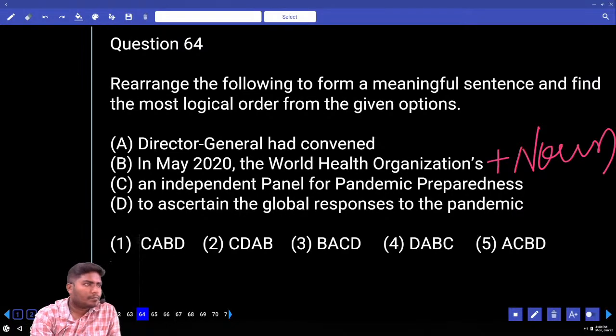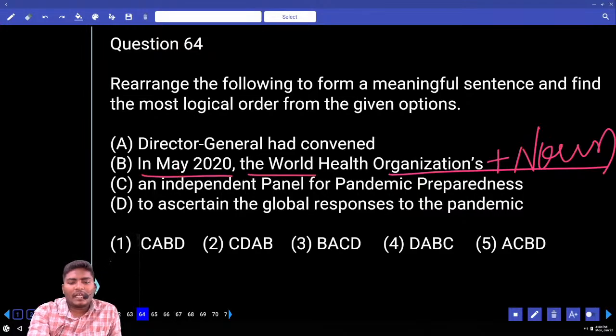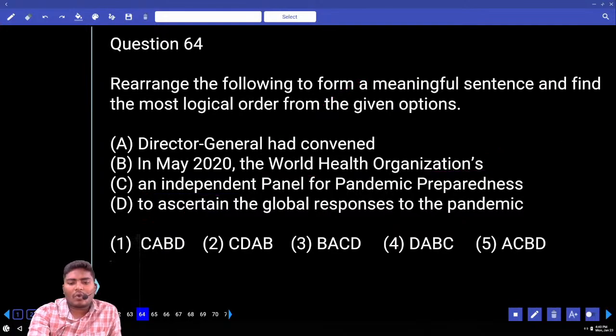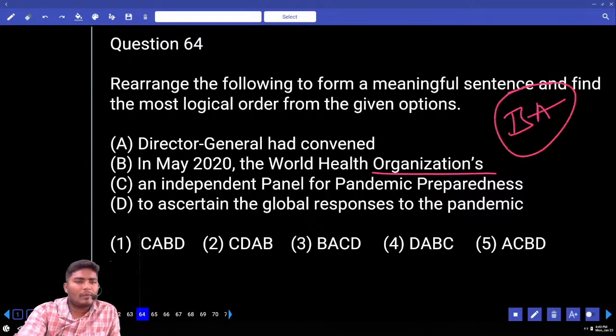Remember this rule. Now, noun form in the sense, where is that noun form? In May 2020, the World Health Organization's Director General, World Organizations, Health Organizations and Independent organizations to ascertain. Tell me one perfect combination that we can use. Organizations director. So it should be used with a BA.